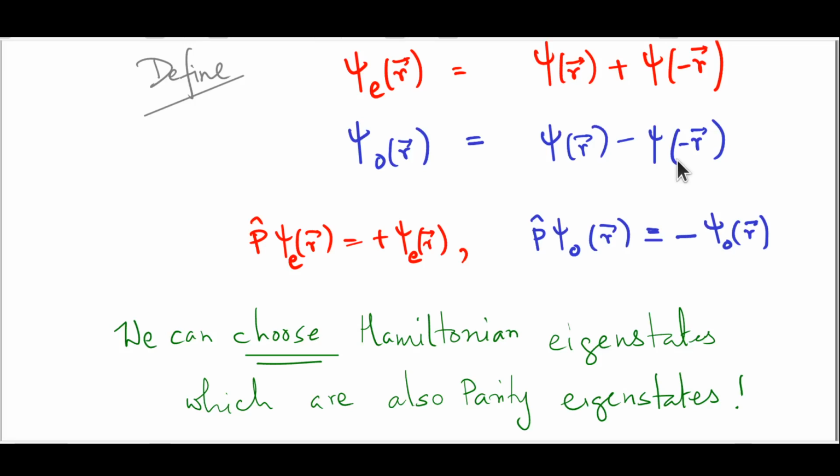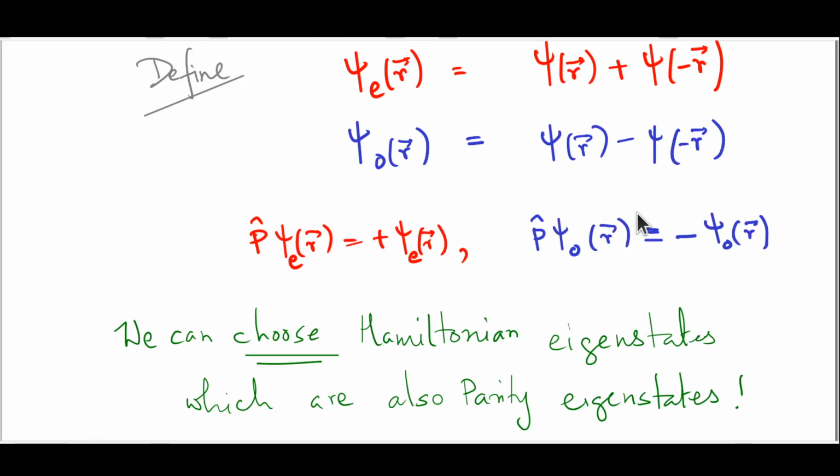Now notice, although the original wave functions that we came up with, perhaps this psi of R and psi of minus R, may not have been parity eigenstates, may not have been either even or odd, we can always recombine them this way, and we can always choose the Hamiltonian eigenstates to be parity eigenstates.